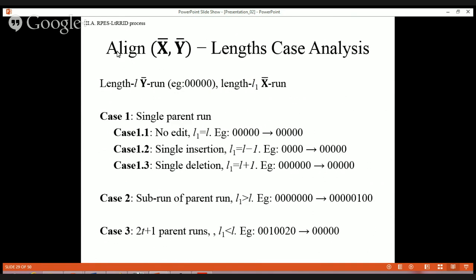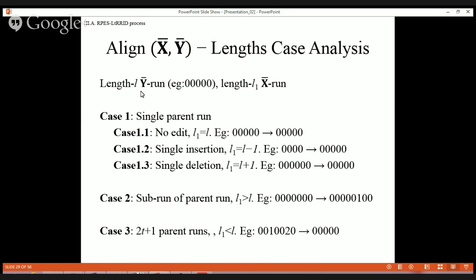Now we are going to show how X and Y hat, sorry, it's a typo here, it should be Y hat, the typicalized edit pattern, how X and Y hat can be aligned by some length case analysis.